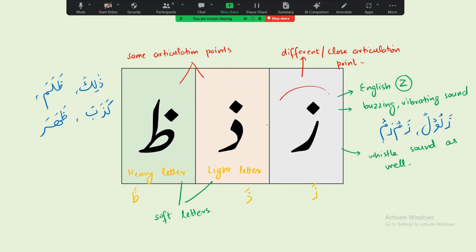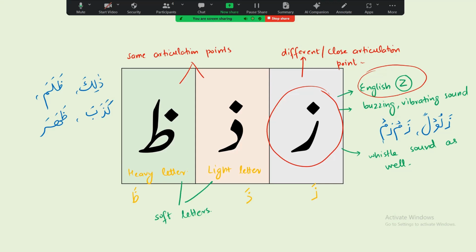So the first alphabet here, sisters, is just like the Z of English. Okay, Z alphabet, which has this buzzing sound, like when we say zebra, right? So the sound has this buzzing sound, this vibration in it.